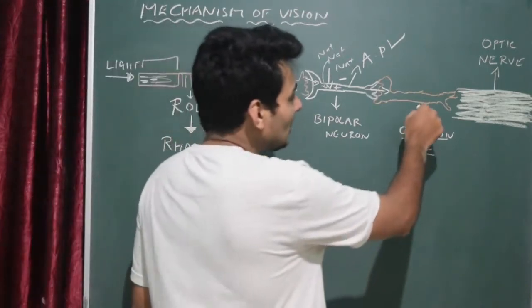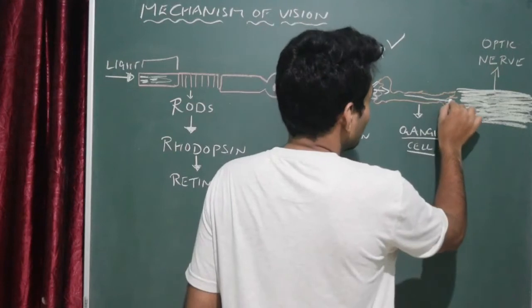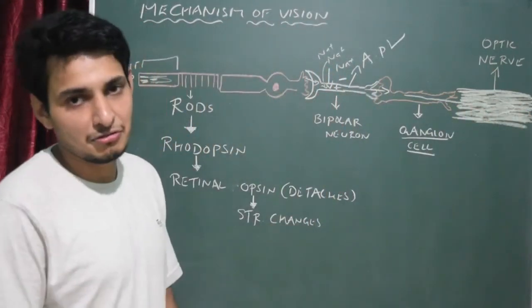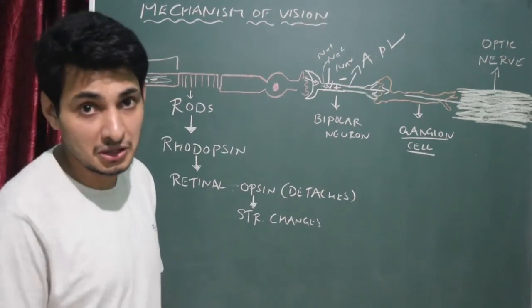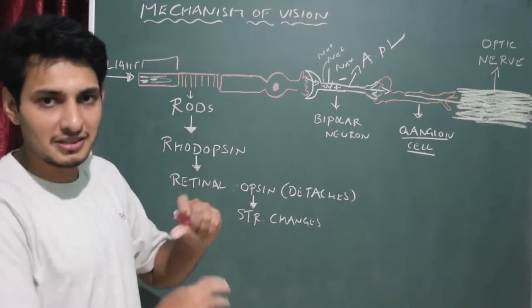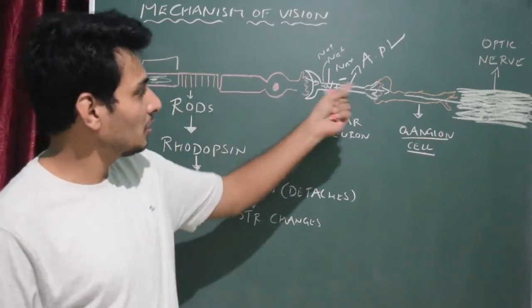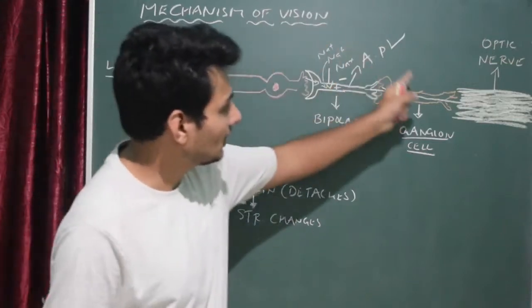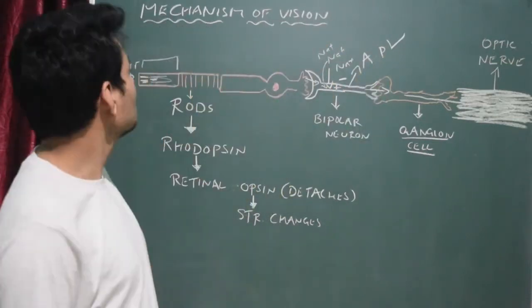Now the ganglion cell takes up this action potential and transmits it to the optic nerve, and there the vision based on your memory will be produced. Okay, so this is actually the mechanism of vision. Very simple, there is nothing actually. You have to remember the different retinal cells in order from outside to inside. Got it? Okay, so that's all about it.